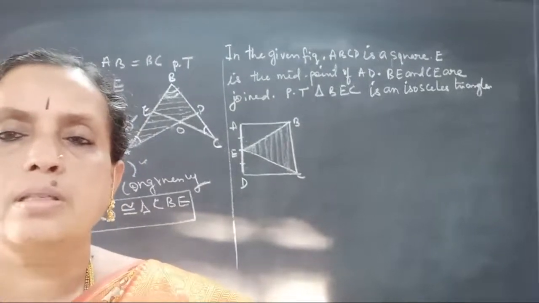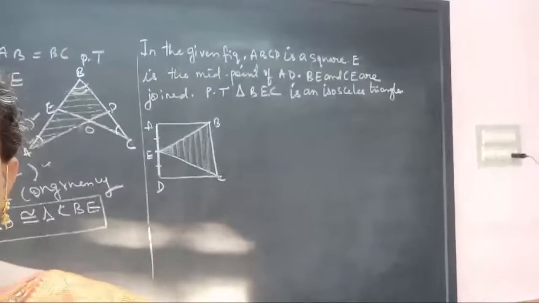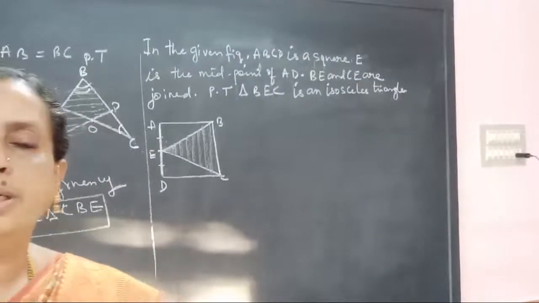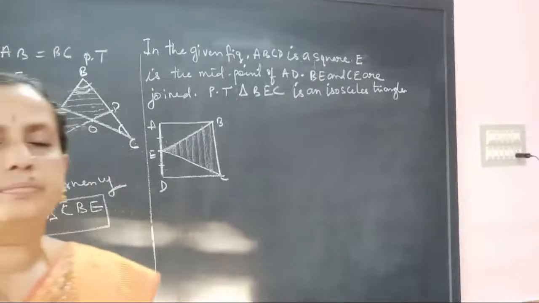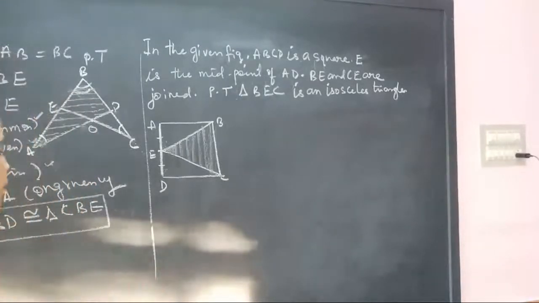Over. Such a type of question carries 4 marks, so try to show the points in detail. Write the first point, given. What is given?